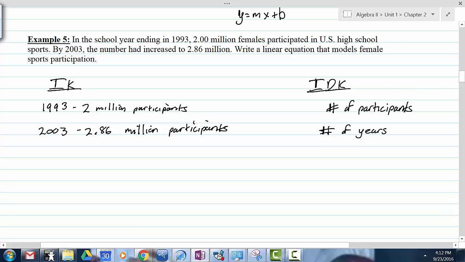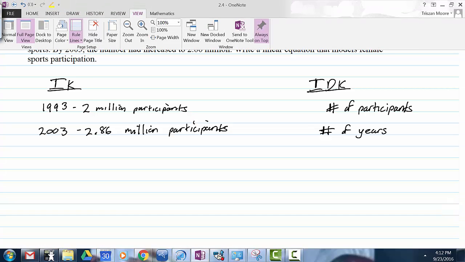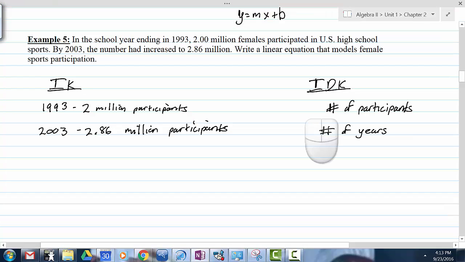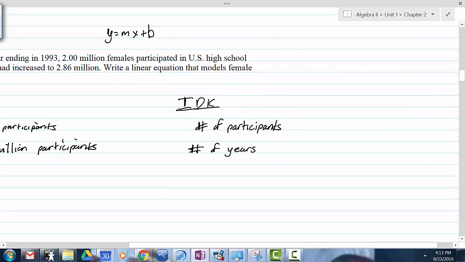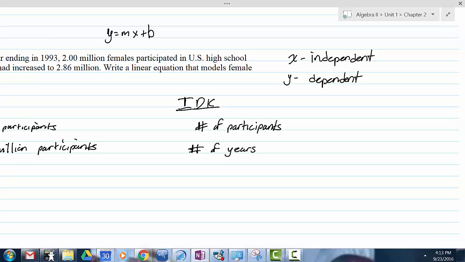That's the other thing that's actually changing here, right? Now, here's the thing. One depends on the other. So, here's what I want you to keep in mind. X is the independent variable. Y is the dependent variable, always. So when you're talking about the number of years and number of participants, which one of these events do you think depends on the other is what you should be asking yourself.